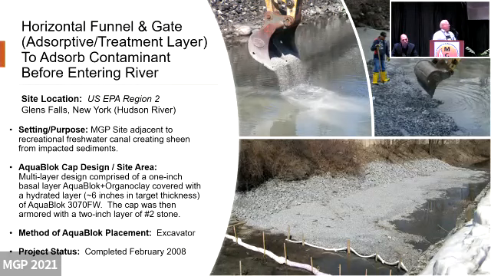This was implemented at an MGP site a long time ago, and this was very heavily impacted sediment. We placed the AquaGate plus organoclay in a very thin layer, only about an inch thick initially on the sediment, and then it was covered with AquaBlok, and then an aggregate cover material was placed over that. This is sediment that was highly sheen producing.